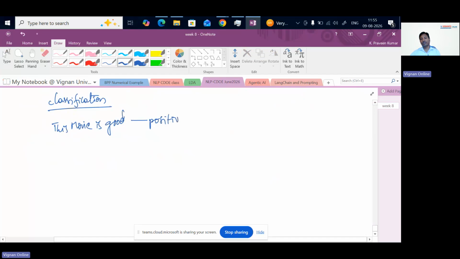It is talking in a positive way. This movie is worst. It is talking in a negative sense. So my point is that this is my sequence, and this sequence has to be understood by my RNN.